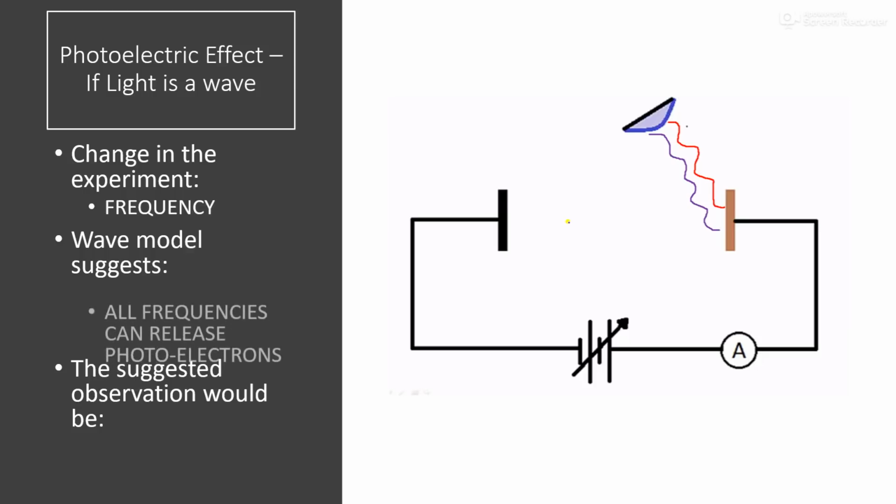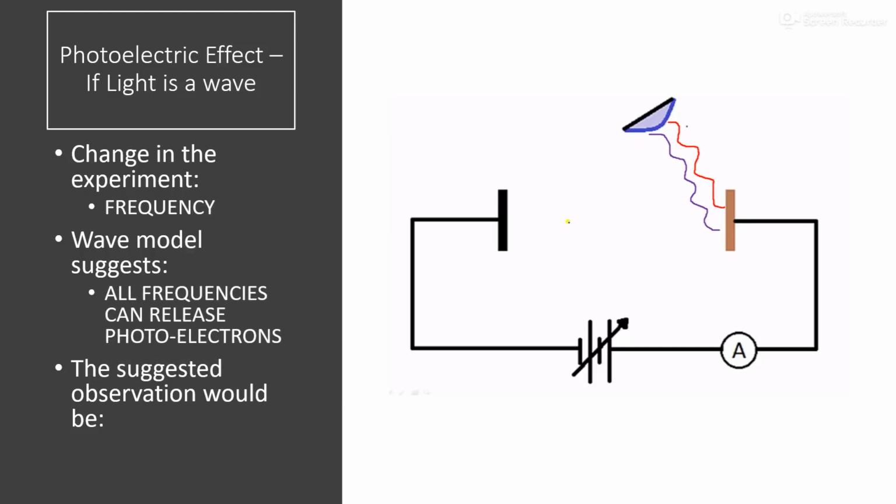And if that's the case, if I'm using a particular intensity of light, regardless of what frequency it is, all frequencies can release photoelectrons. So the suggested observation would be that there is no change. There is no difference in whatever frequency I use if I keep the intensity of the light the same.